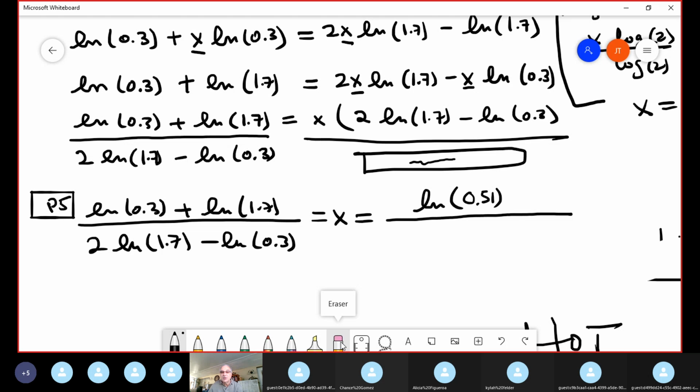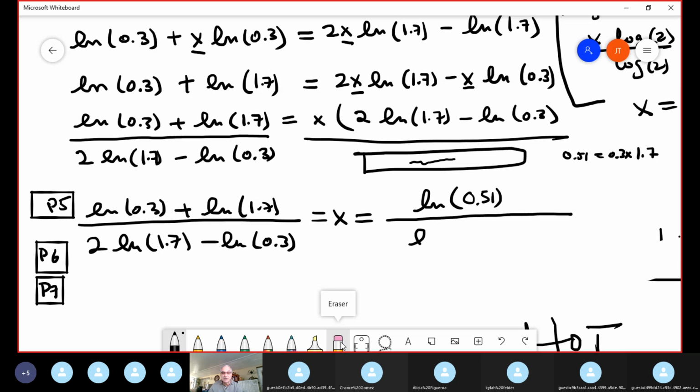Where does 0.51 come from? It was the multiplication 0.3 times 1.7, no? You condense two logarithms into only one. And the bottom is exactly the same, but you're using property 6. Why property 6? Because it's minus, because it's division. And property 7 also, because we have a factor here that we can convert.